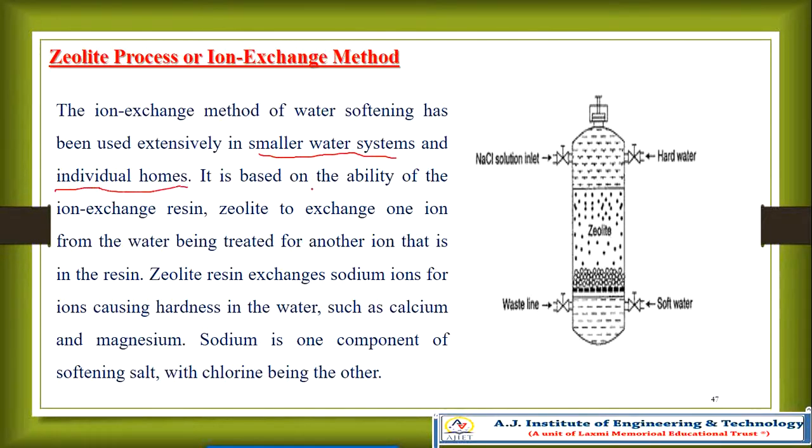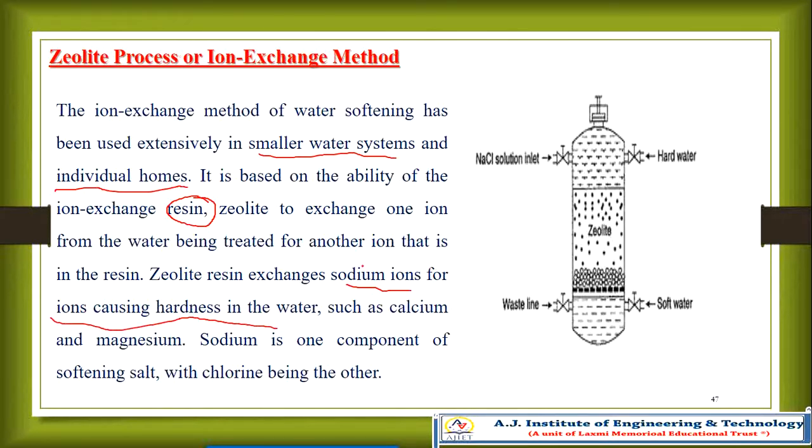It is based on the ability of ion exchange resins to exchange one ion from the water being treated for another ion that is in the resin. The zeolite resin exchanges sodium ions for an ion causing hardness in the water, such as calcium, magnesium.